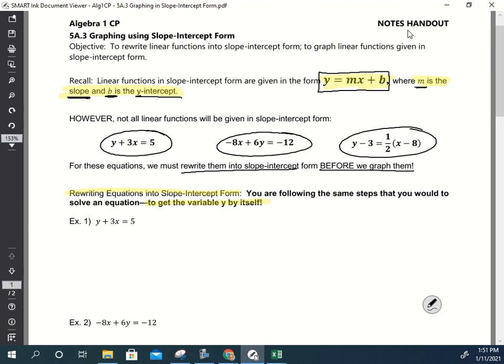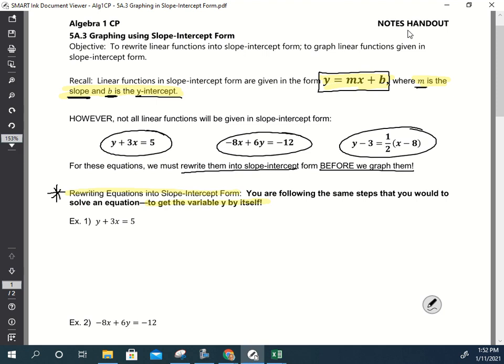So let's go ahead and look at what we'll be doing. I highlighted it, so it probably should be in your notes. Rewriting equations into slope-intercept form. That simply means you are getting y by itself.